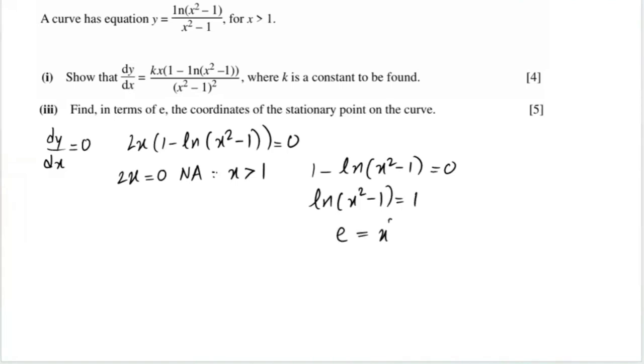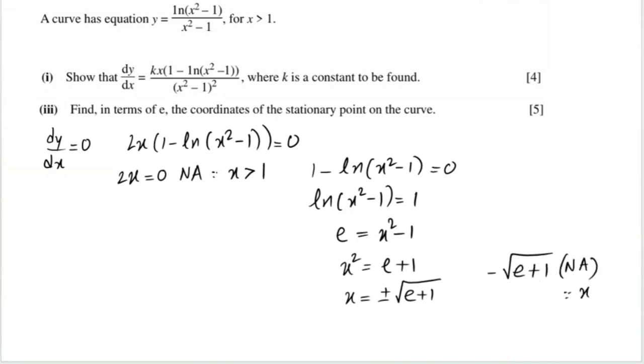e equals x squared minus 1, change into the exponential form. So x squared is going to be e plus 1, or 1 plus e. So x is going to be, now this turns out to be plus or minus root of e plus 1. But remember, the negative root is not applicable again since the domain is more than 1.